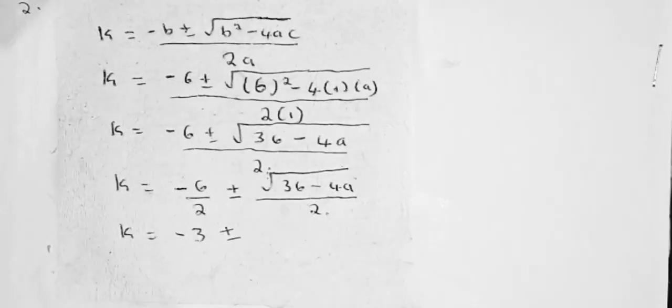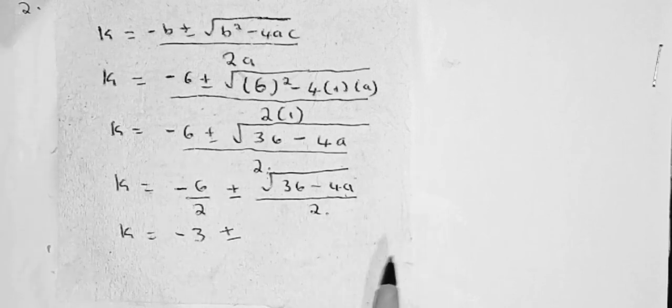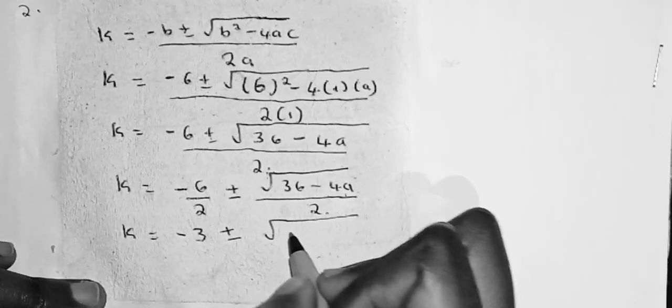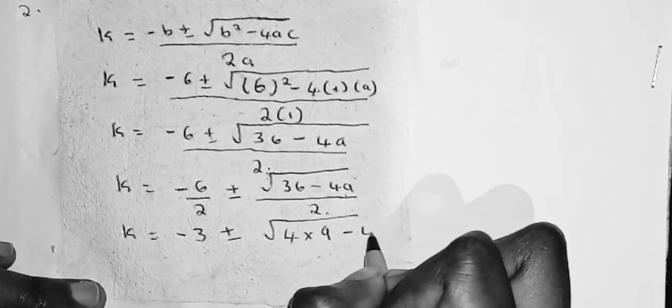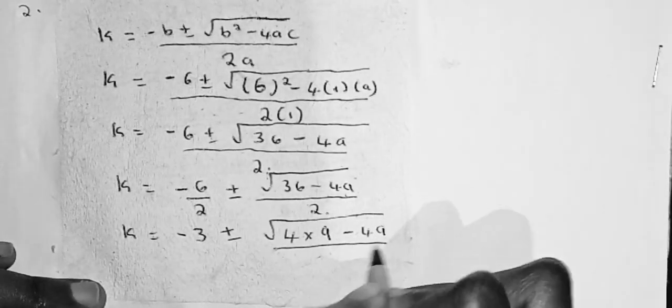I'm going to go to my calculator and say 36 equals, shift right. I get 4 times the 9, because we have a 9 here. So I'm going to say 4 times 9 minus 4a, all over the 2.